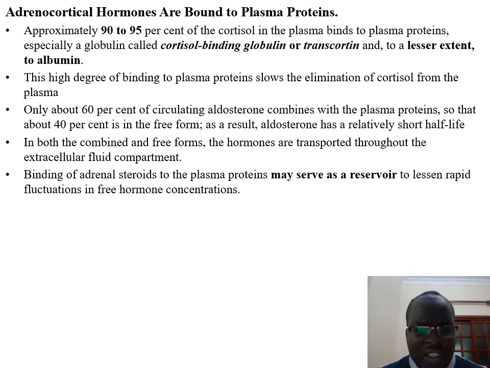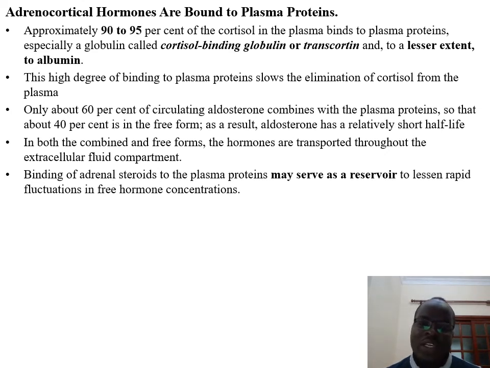Only about 60% of circulating aldosterone combines with plasma proteins, so that about 40% is in free form. As a result, aldosterone has a relatively short half-life as compared to cortisol, because here, only 60% of aldosterone is binding to plasma proteins.